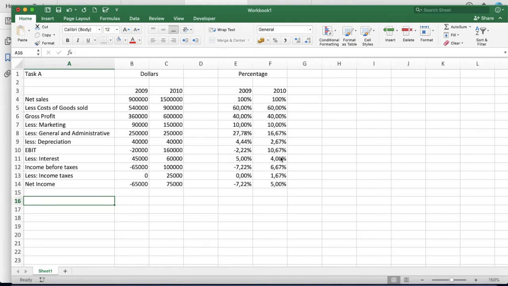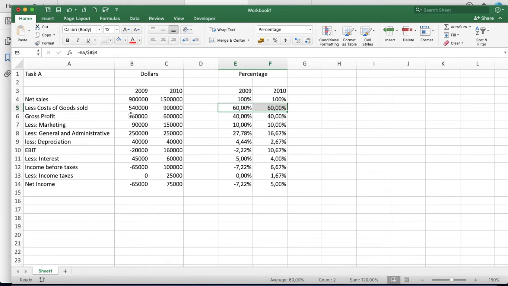The variable costs are fixed per unit, while the fixed costs per unit are variable. So for example, we see here that the cost of goods sold represents 60% for both years, 2009 and 2010.